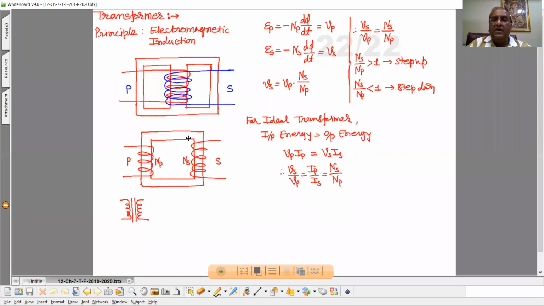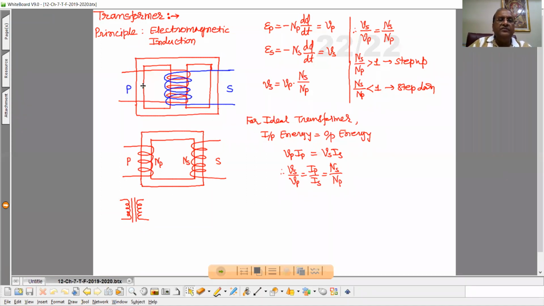And now on this particular core, two coils are wound in such a way that each and every turn of both the coils is insulated with respect to each other. One coil is called the primary coil, to which the input supply is given, and another coil across which the output is taken is called the secondary coil.